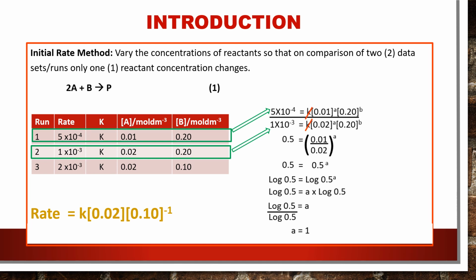Similarly, the concentration of reactant B and the order with respect to reactant B does not change and also will be cancelled out. By taking the log of both sides of the equation, you can apply the mathematical rule that states that the log of any term raised to an index is the same as the value of that index multiplied by the log of the term.